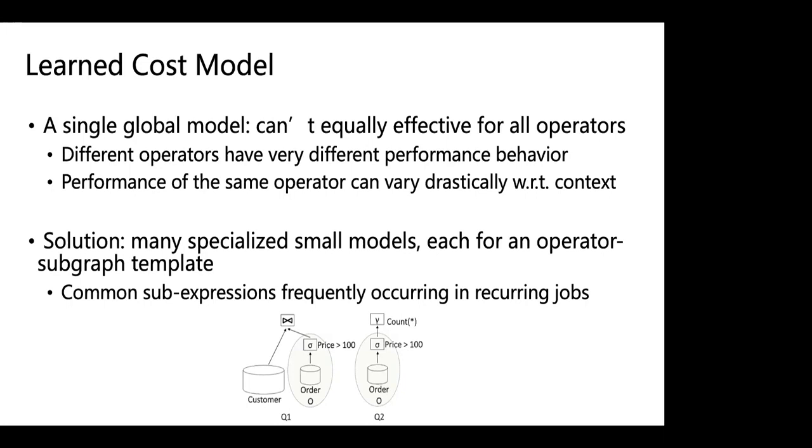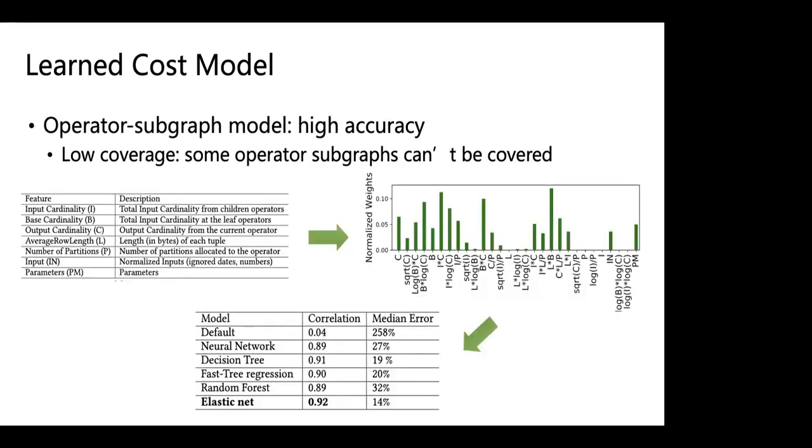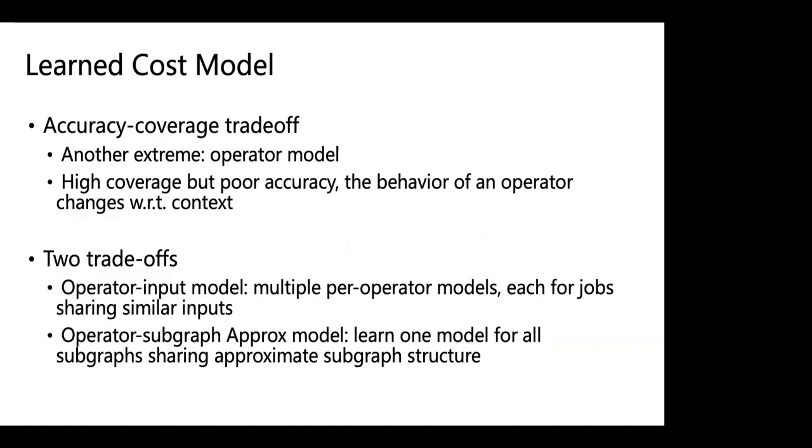We identify some features and use different machine learning models, such as neural network, random forest, and elastic net, to learn multiple operator subgraphs. Its accuracy is very high, but its coverage is not high, because some operator subgraphs cannot be covered if we just identify some common operator subgraphs. So we need to make an accuracy and coverage trade-off.